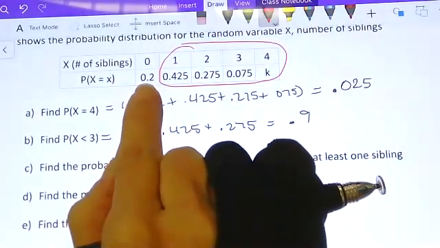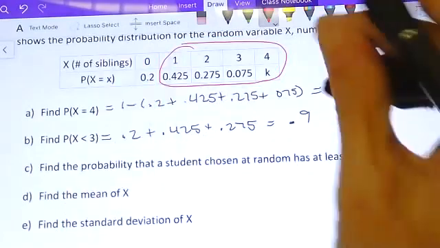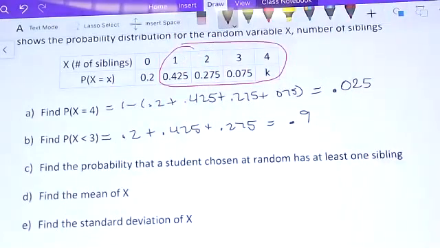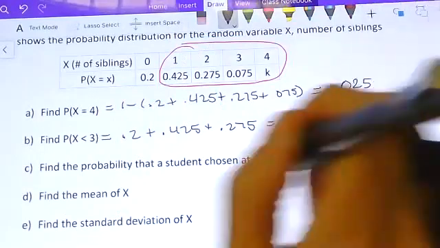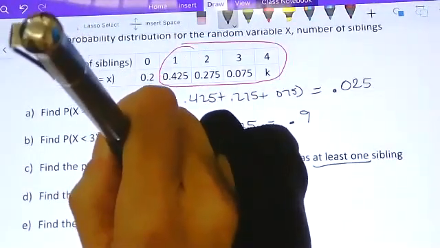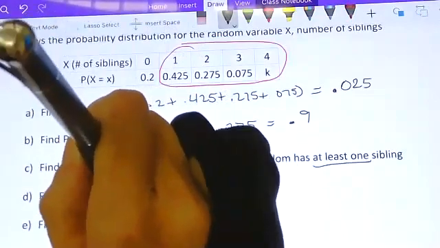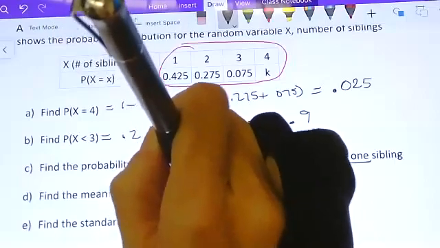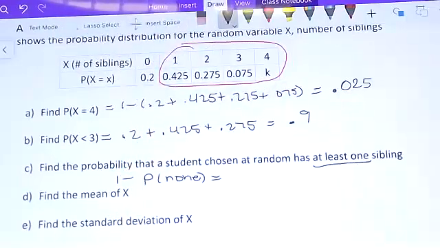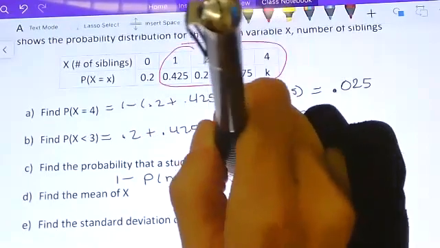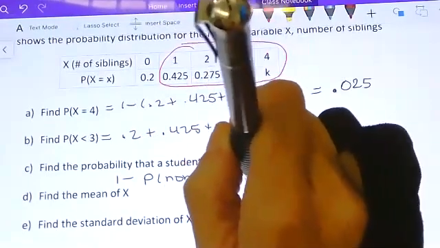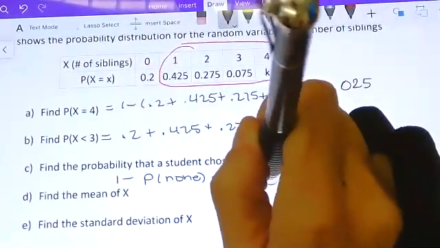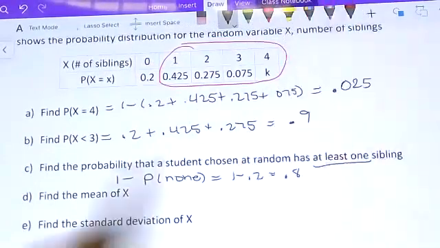It is much easier to take 1 minus that. So I want to encourage you that when you see at least 1, you remember that that is equal to 1 minus the probability of none. So 1 minus the probability that somebody has no siblings. So 1 minus 20% of the class were only children. So that means 80% or 0.8 had at least 1 sibling. It's the easiest way to do that one.